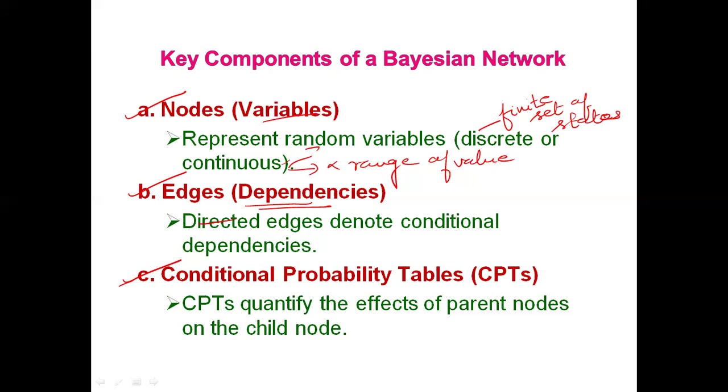Next, conditional probability tables, CPTs. Each node in the Bayesian network is associated with a CPT that quantifies the effect of parent nodes on the child node. The CPT defines the probability distribution of a node given its parent nodes. If a node has no parent, it is assigned a prior probability.